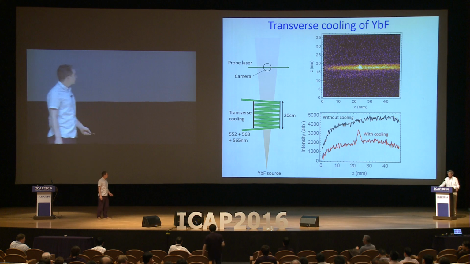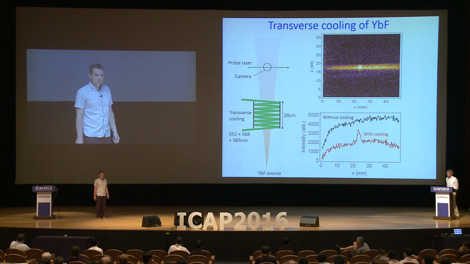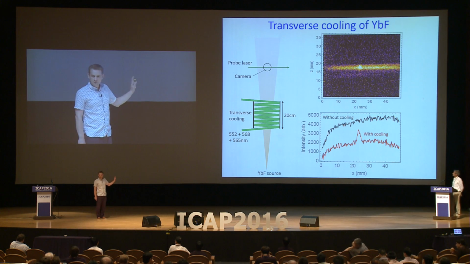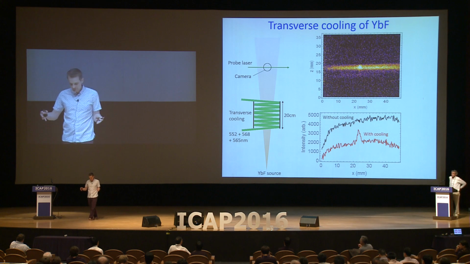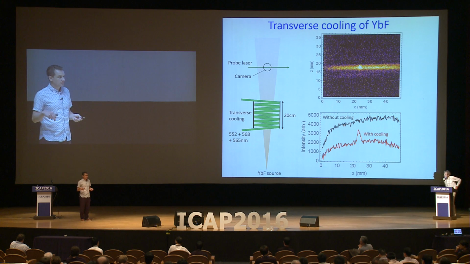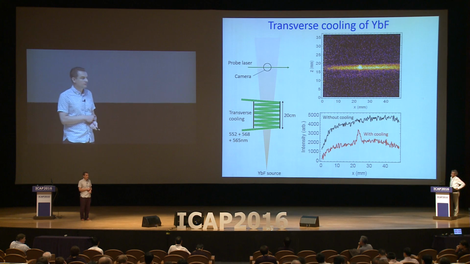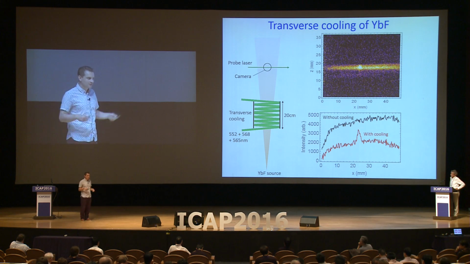So actually, one of the difficulties that Dave already alluded to, one of the weak points, if you like, is this slowing step. The step of slowing the beam down to low velocities is quite inefficient. It's certainly possible to use a Stark decelerator or a magnetic decelerator or some other kind of decelerator that's been invented in this field to do that slowing step.